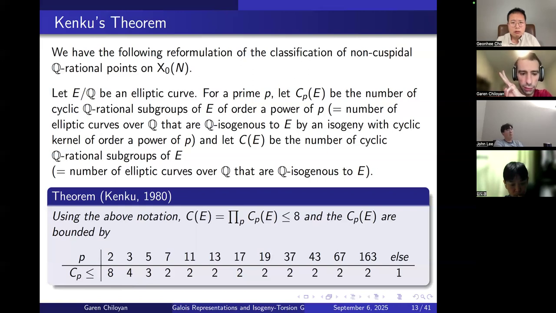So you could have degree 1, 5, or 25. Moreover, Kenku saw that C(E) is bounded above by 8. All of the curves are isogenous to at most 8 different elliptic curves.